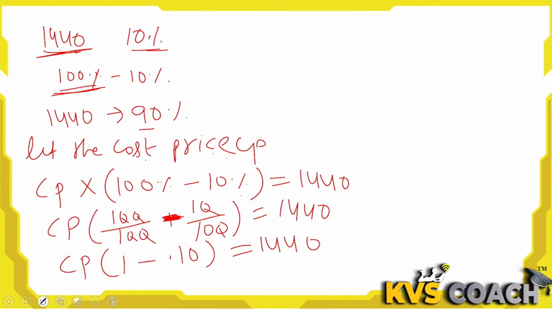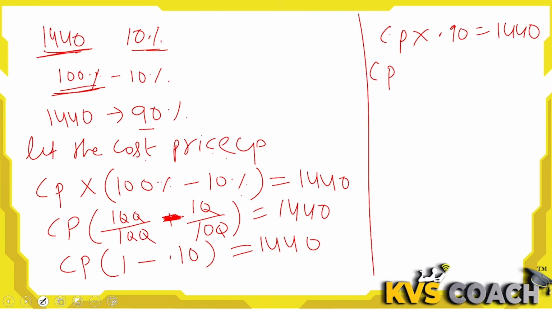Okay, now what is this? This is CP into 1 minus 0.10, that is 0.90, is equal to 1440. So CP into, I'm removing the dot here, this is 100, 1440. Now I'm taking this part to this side.